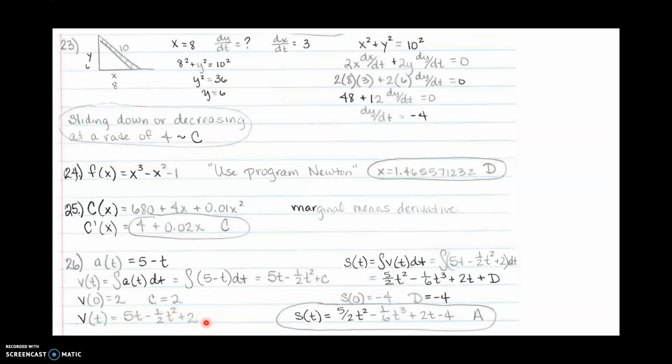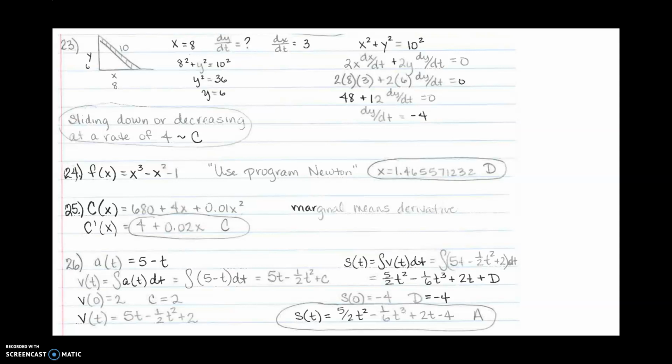Now we're going to do the antiderivative once again to go back to the position function. So the position function, the original function, is going to be the antiderivative of velocity. So antiderivative of 5t would be 5t to the second over 2. 1/2 t to the second would be 1/2 t to the third over 3. So 1/2 times 1/3 is 1/6 t to the third. And then the antiderivative of 2 is going to be 2t. And I'm going to use a different variable instead of c.